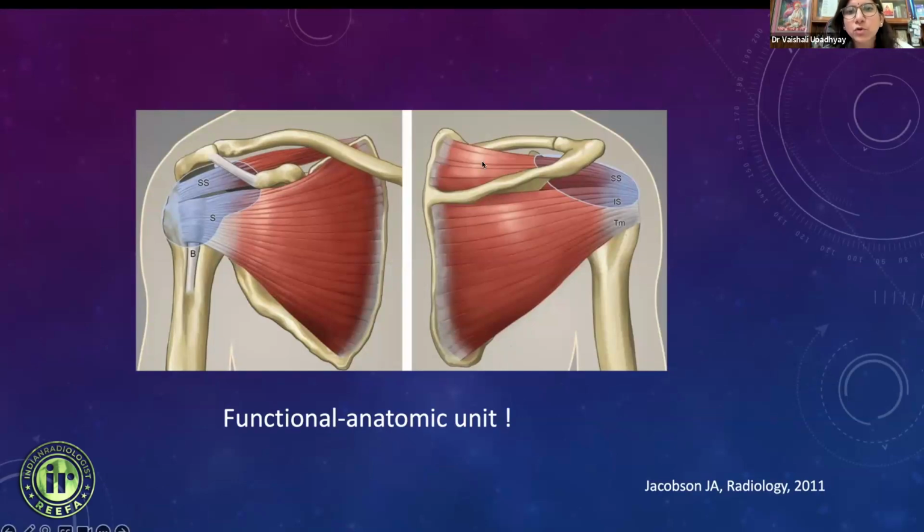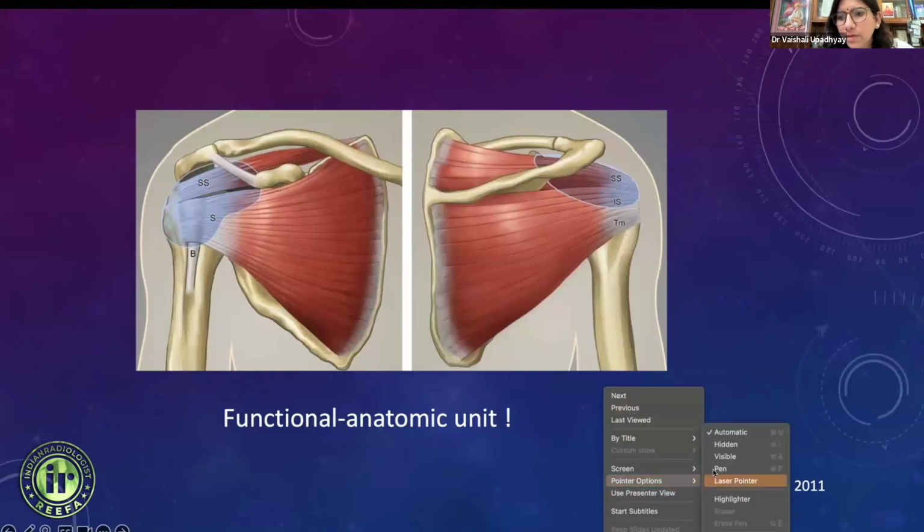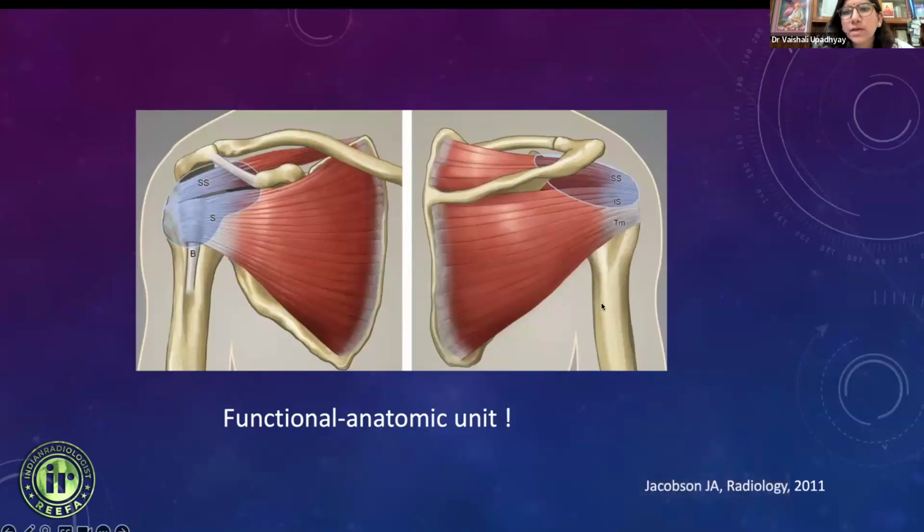If you see from the dorsal aspect of the scapula, from the supraspinous fossa, we have the supraspinatus, which is inserting onto the superior facet of the greater tuberosity. Then we have the infraspinatus, which is larger and inserts onto the middle facet of the greater tuberosity.